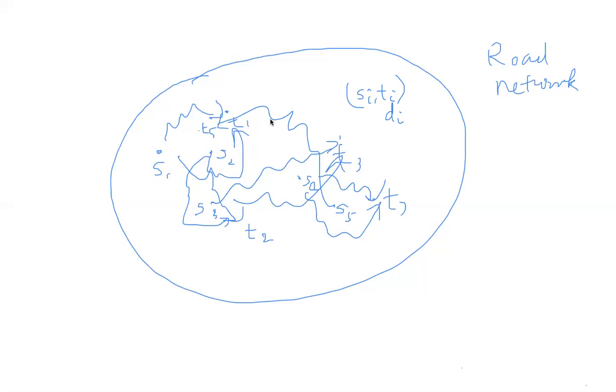And then we put this together, we call that a commodity. So we denote this by Ki. So that is a multi-commodity flow problem. So what we are interested in knowing is whether such demand can be met. In other words, whether such a flow exists.